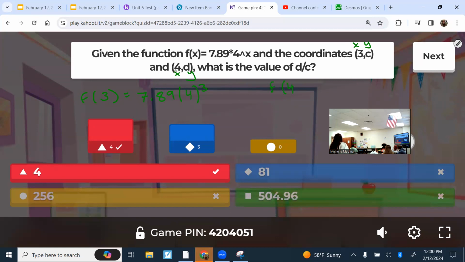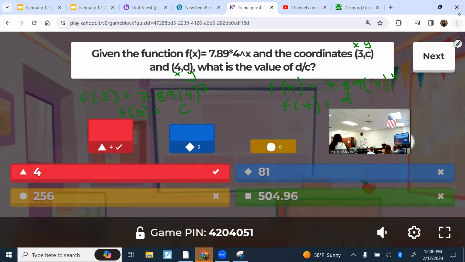That was the other x they gave me, right? Everyone with me? So then when I plug it in, I'm plugging it in for x, and that happens to be the exponent. Whenever I get my output for when the input's 3, that's going to be the c value. Whenever I plug in 4, the value I get will be the d.